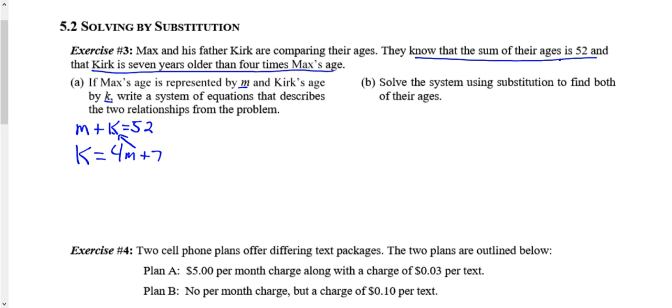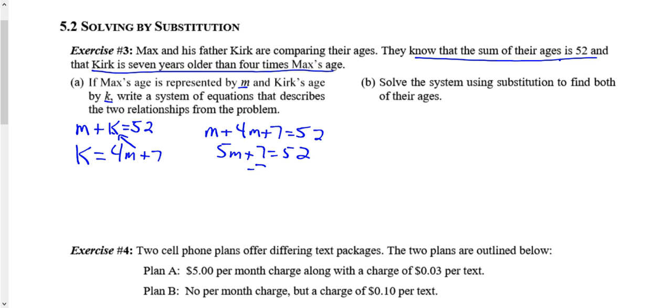So I'll take the top equation, M plus, not K, but the thing it's equal to, 4M plus 7, equals 52. Well, technically, I should have parentheses around that and distribute through the positive 1, right? But it's not going to change anything. 5M plus 7, when we combine like terms, equals 52.